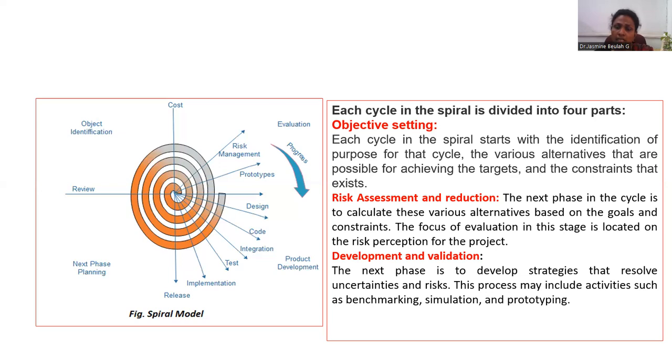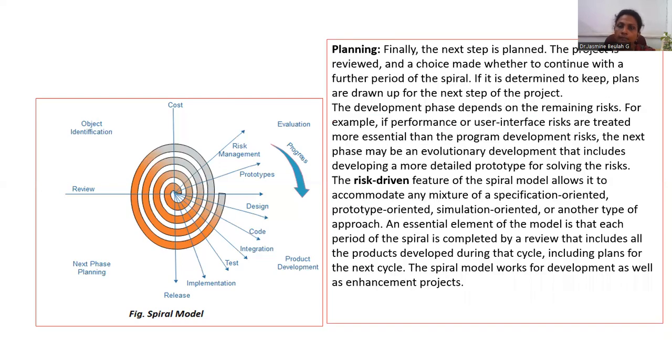In this part, the process may include activities like benchmarking, simulation, and prototyping. The final step is the planning part, in which the choice is reviewed, and if it is determined to be successful, the project can move on to the next step.